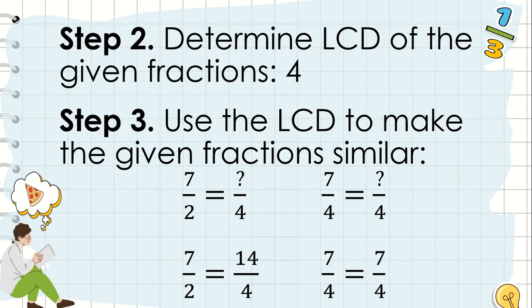Step 2. Determine the LCD of the given fractions, which is 4. Step 3. Use the LCD to make the given fractions similar. 7/2 is equal to 14/4 and 7/4 is equal to 7/4.